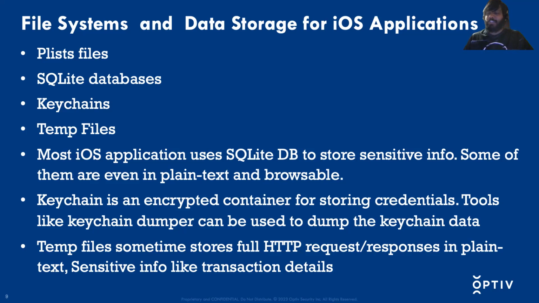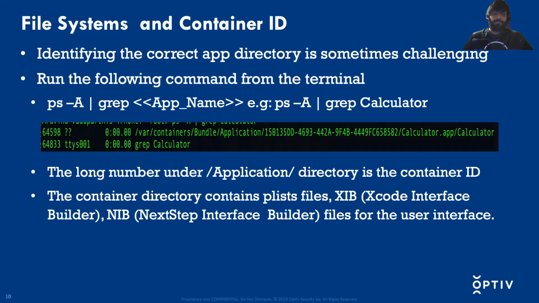This is the initial foothold into application security pen testing, where you can understand how the application is coded and how securely the data is stored at rest. So that's file system and data storage.